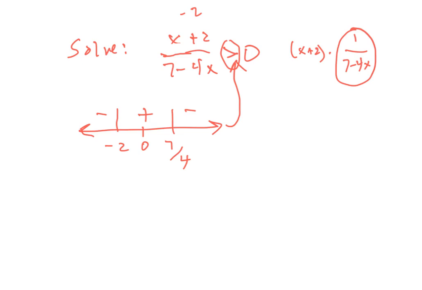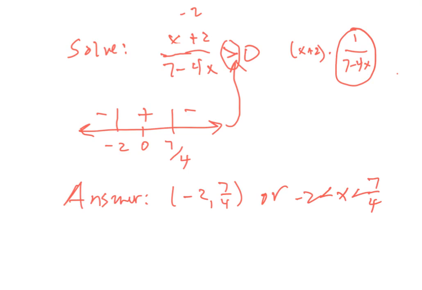Or, minus 2 less than x, less than 7/4. Either way we want to write it. Now, I've been a little bit careless in that the middle region has been the solution to all of these, and I think maybe on all of them, 0's been in the middle. Let's do one that's totally different.